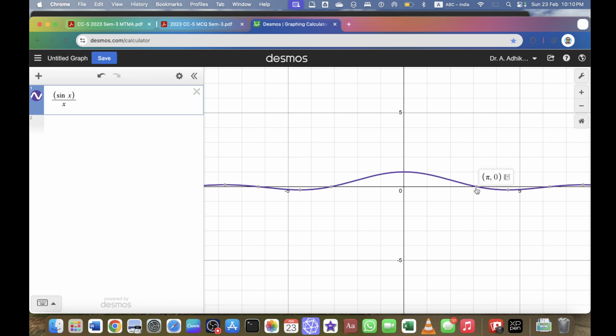This point is 0, this point is pi, so this point is pi by 2. So for this part, 0 to pi by 2.